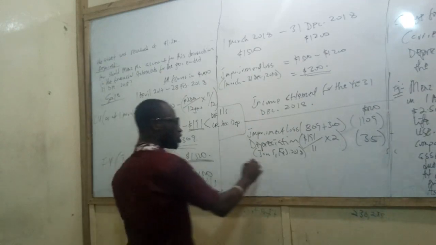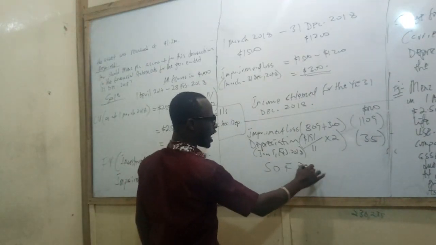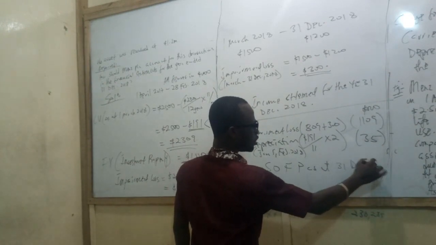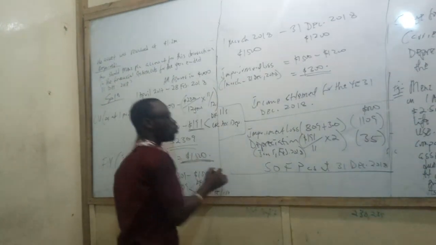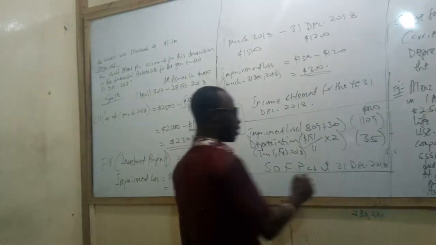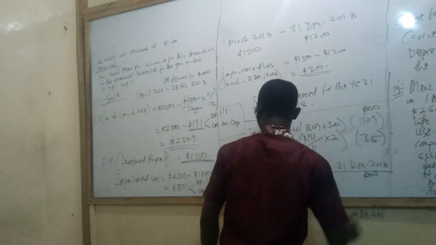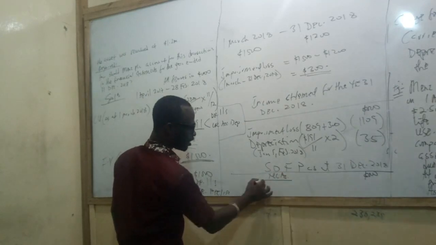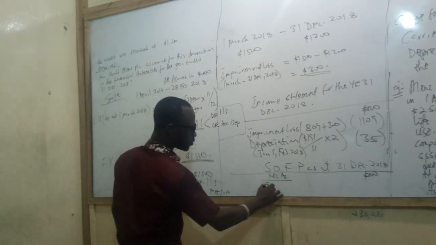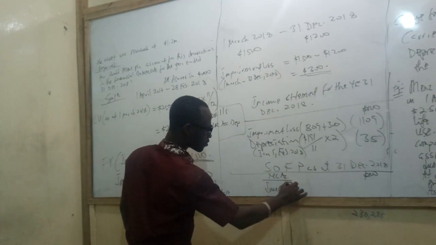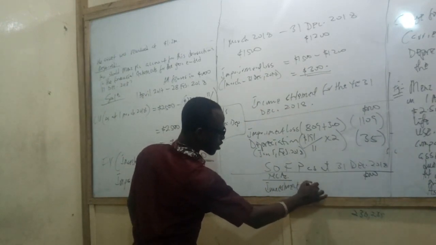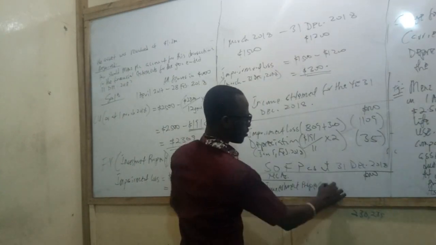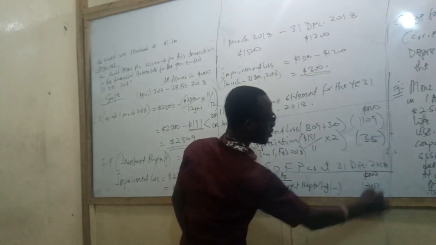Then we go to the statement of financial position as at 31st December 2018. What will come in the statement of financial position? The investment property. So under non-current assets, we are going to bring the investment property. And the value at the end of the year, 1,200.